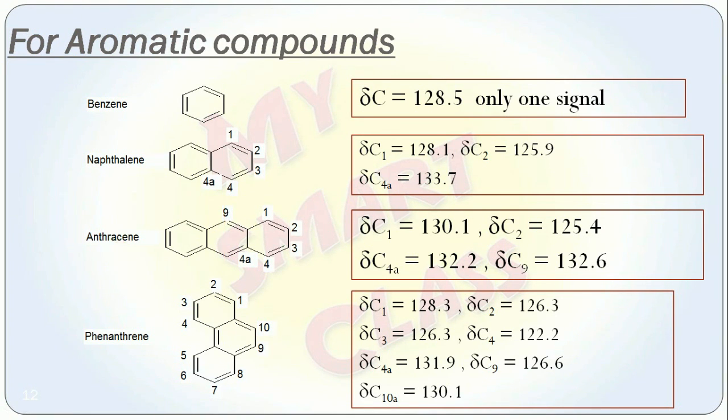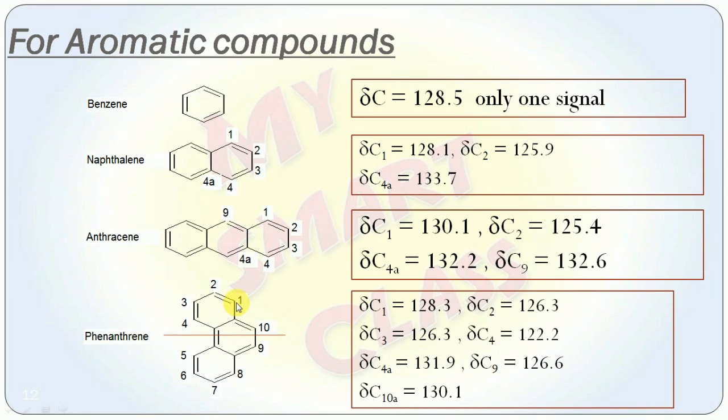Now for phenanthrene, it is a twofold division. So we can say that C9 and C10 are same. 1 and 8 are same, 2 and 7 are same, 3 and 6 are same, and 4 and 5 are same. So the total is 7 values. For C1 and C8 the value is 128.3, C2 and C7 have the value of 126.3, C3 and C6 have the value of 126.3, C4 and C5 have the value of 122.2.